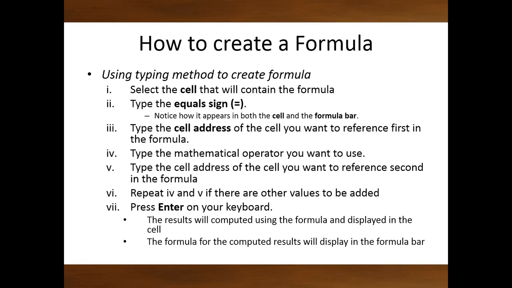1. Select the cell that will contain the formula. Once you select it, you know that you have made it the active cell. 2. Type the equal sign. Once you do that, you notice that the equal sign appears in both the cell and the formula bar. 3.